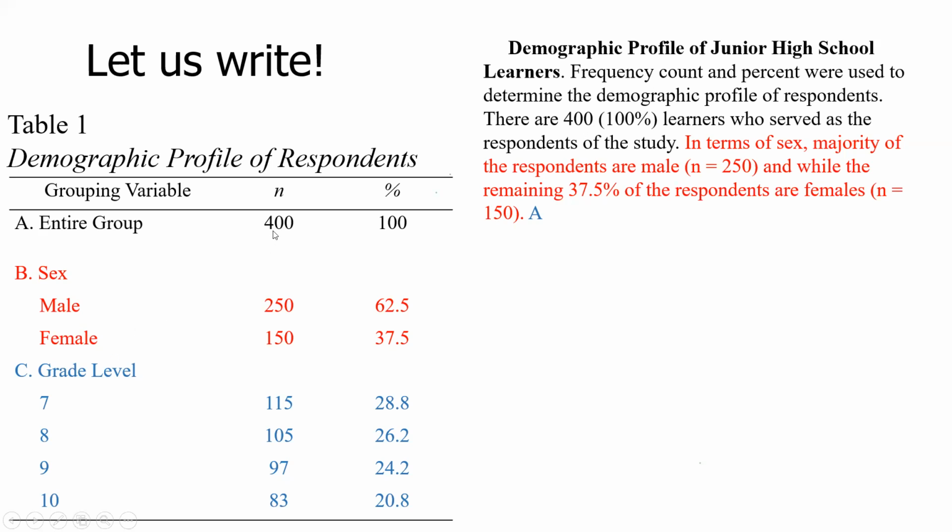This is the frequency, this is the percent. Learners who served as the respondents of the study. The part in red is the discussion on sex. I wrote here, in terms of sex, the males are more numerous than the females. I wrote here, majority of the respondents are male. And I wrote here, N equals 50.